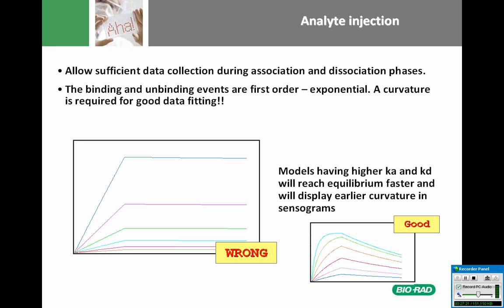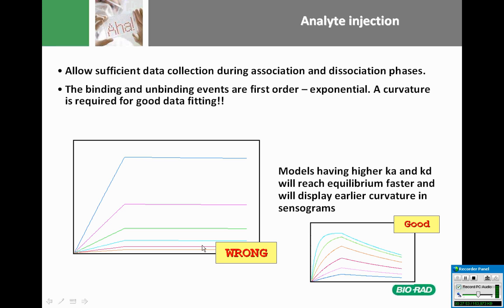Those analyte concentrations that should be around the affinity constant should also be injected for sufficient time. Remember that binding events are a first order interaction or a pseudo first order interaction, meaning that they have an exponential shape. So you must have a curvature in the sensorgrams in order for the fitting algorithm to extract reliable kinetic constants.